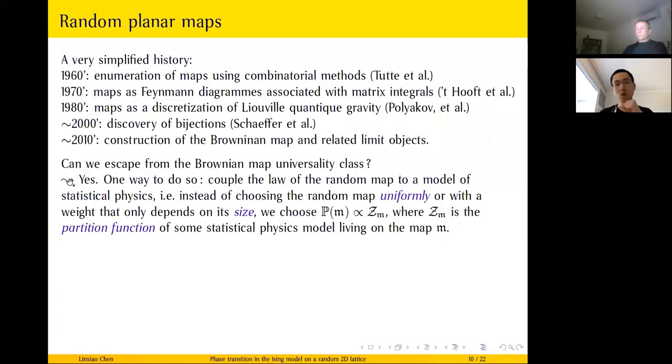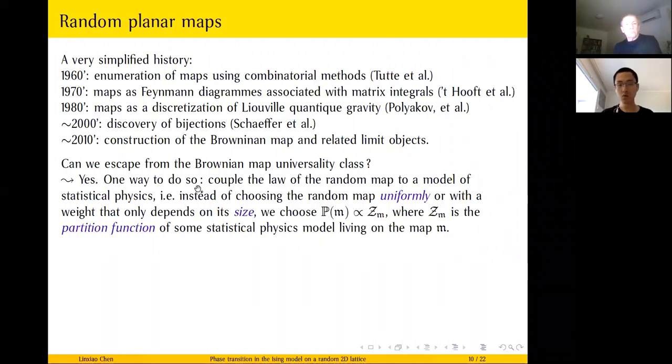And then one question is that, well, having a universal limit object is nice, but is there a way to create other universality classes? And the answer is yes.